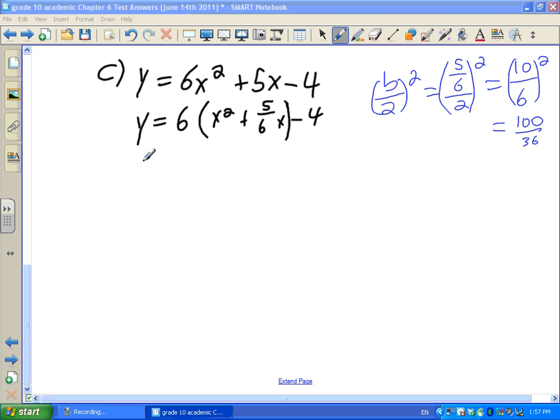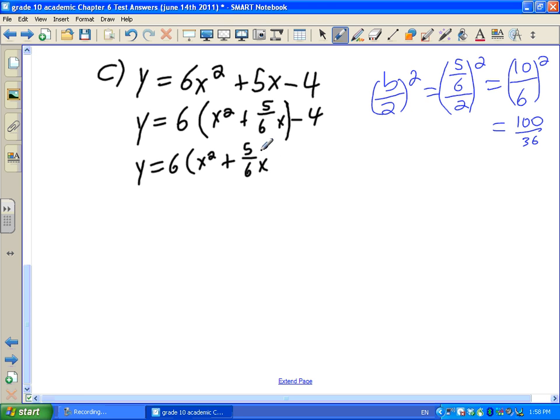So my next line will read y is equal to 6, bracket x squared plus 5 over 6x plus 100 over 36 minus 100 over 36, end bracket, minus 4. Now, again, I need to move the minus 100 over 36 to the outside of the bracket.